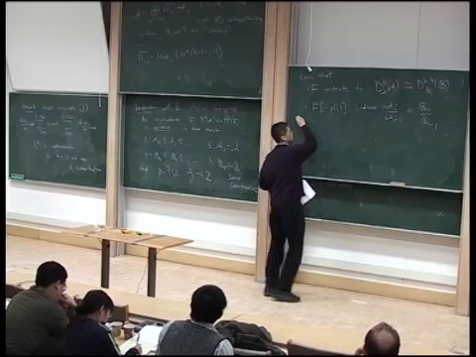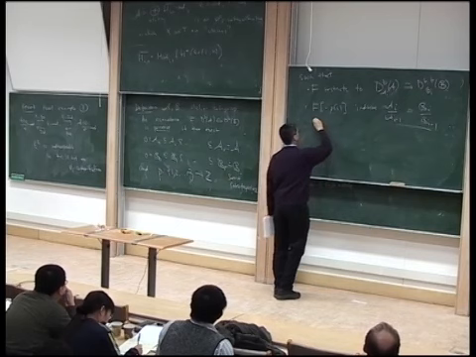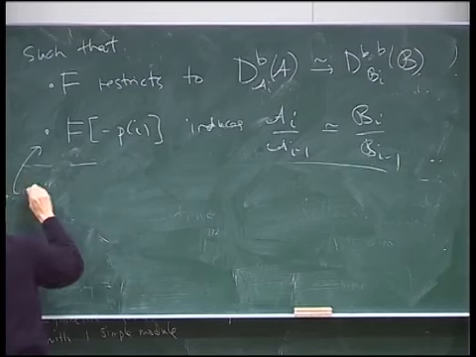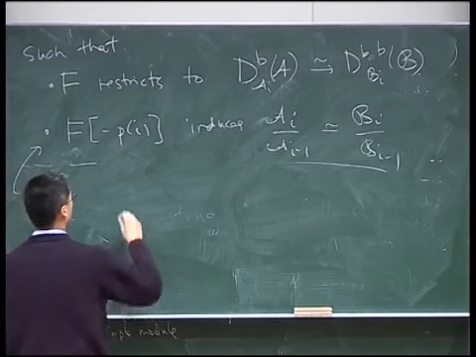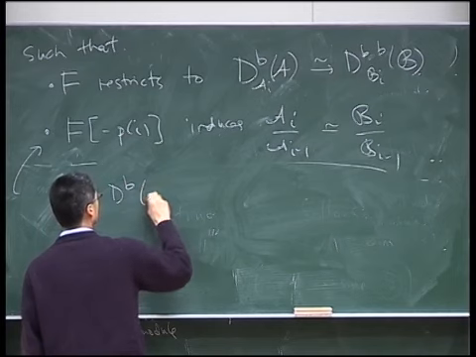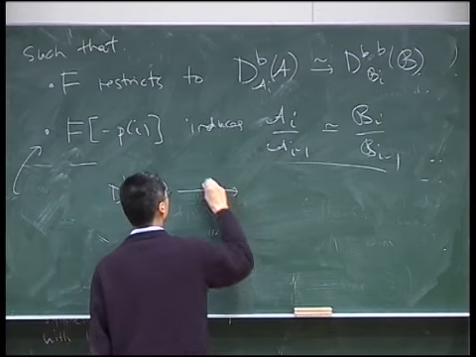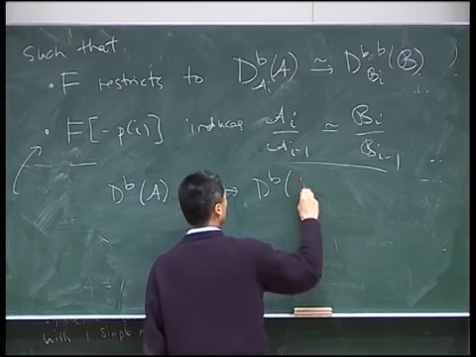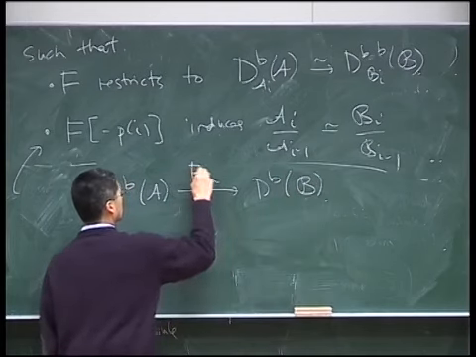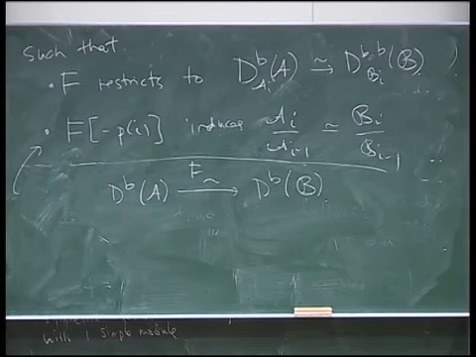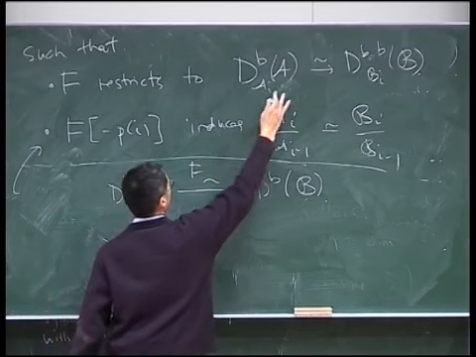Okay, let me just be more precise about what I mean by this last statement here. So we have some equivalence of these. Okay, we have some equivalence F, and it restricts to an equivalence of these subcategories.